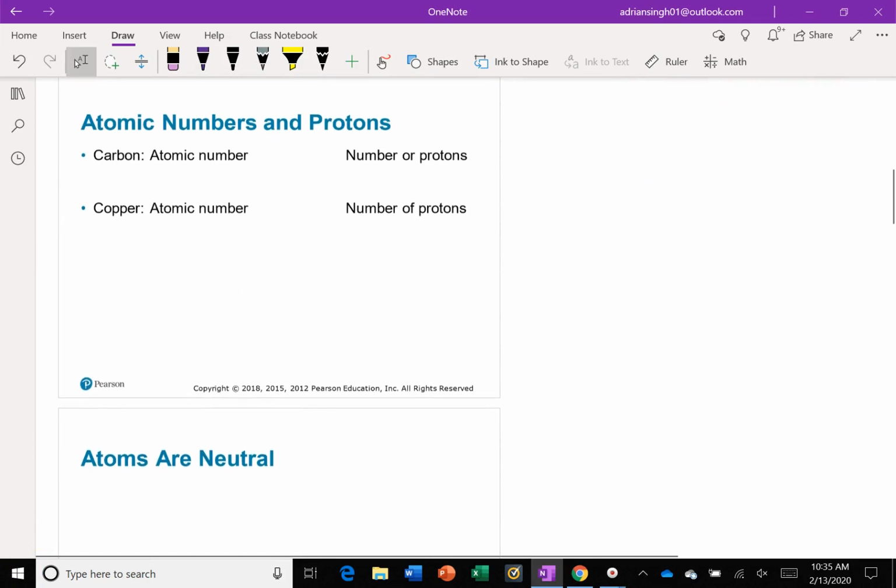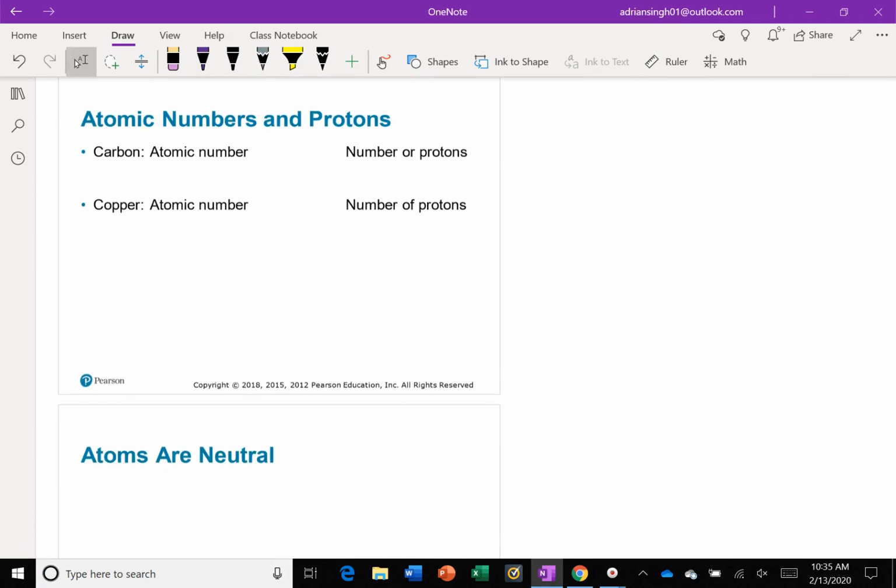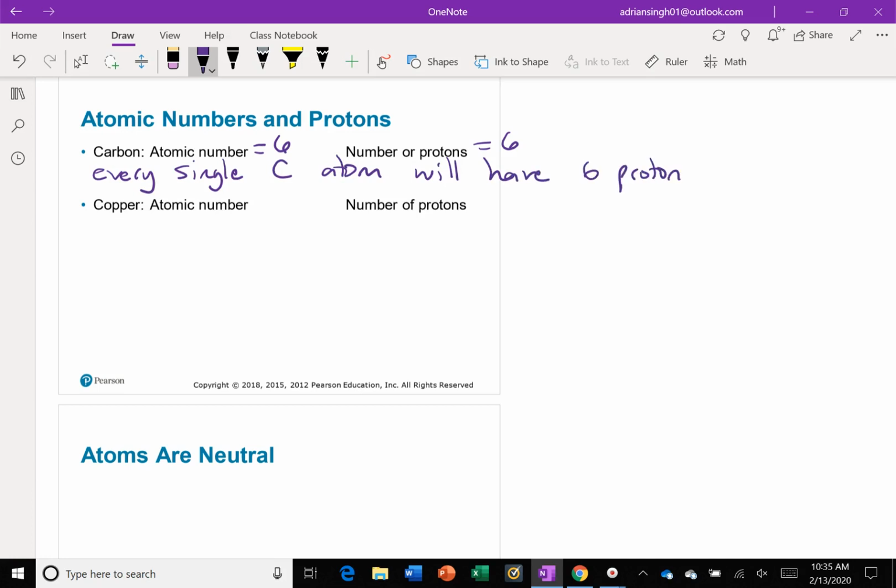So for example, again, if we look up carbon, we'll see that the atomic number is equal to 6, which means carbon is going to have 6 protons, right? Every single carbon atom will have 6 protons. Similarly, copper, if you look up copper on the periodic table, you'll see the atomic number is equal to 29.